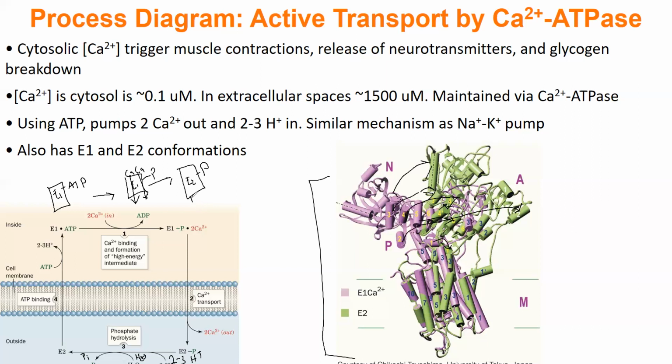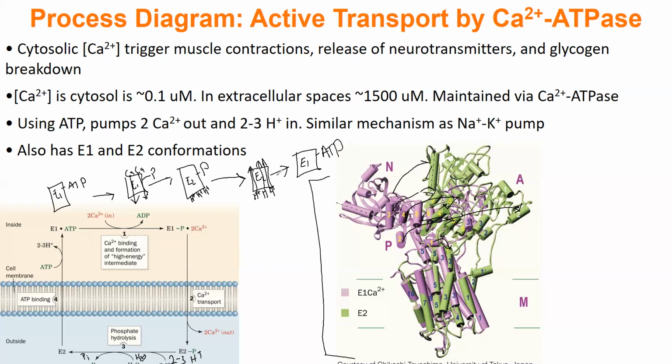An E2 phosphate can bind 2 to 3 hydrogens, like so. Once we have our hydrogens bound, we're going to lose our phosphate. And then our hydrogens can go through inside the cell. This brings us back to E1, and it'll bind ATP again, ready to go.